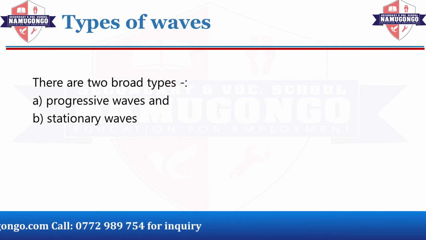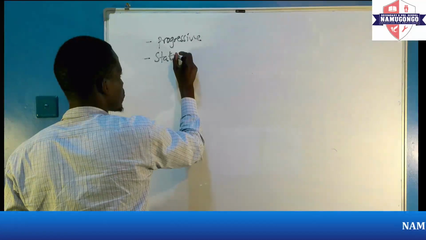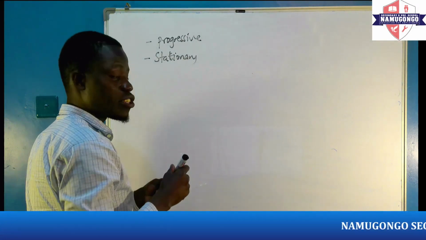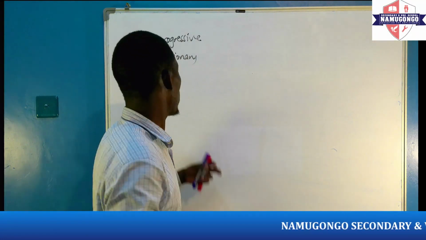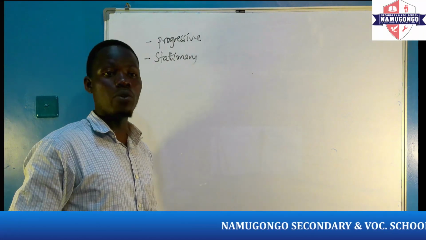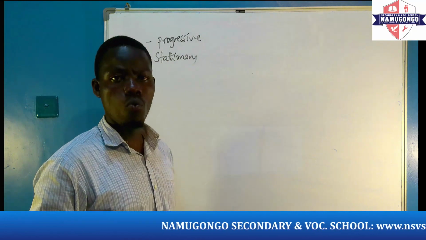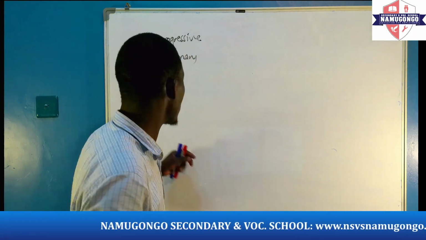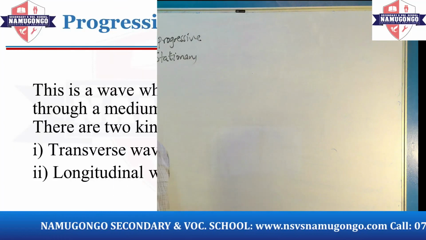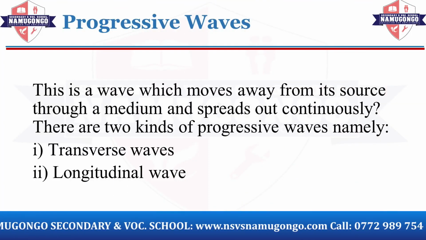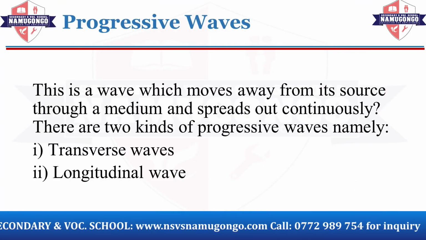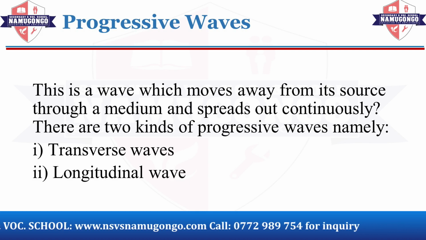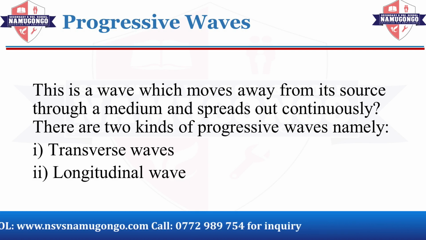So we have progressive and stationary waves. What are these? We start by looking at progressive waves. Progressive waves are waves which move from their source through a given medium and spread out continuously.